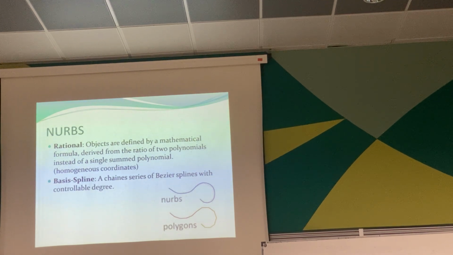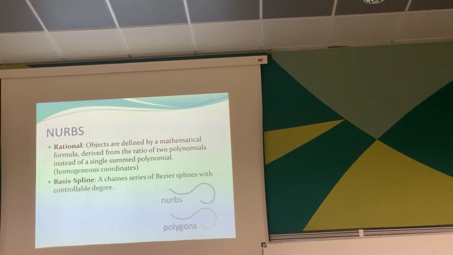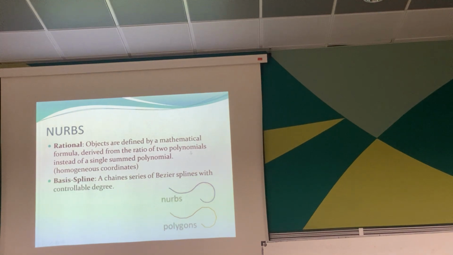An object that you define using a math formula. Other than the one polynomial that we saw in the Bezier curve, now you have 2 polynomial functions. We will see the formula later.